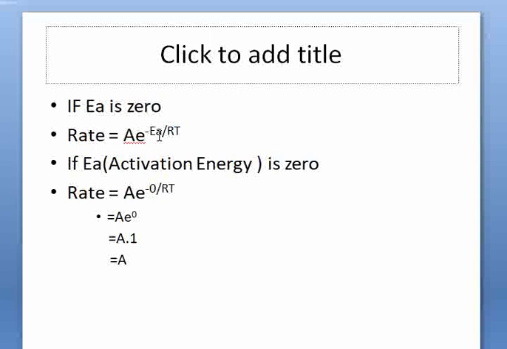If Ea, the activation energy, is 0, then e^(0/RT) = e^0, which is 1. So the rate will be equal to A. The rate becomes equivalent to the frequency factor. That is the answer for this question.